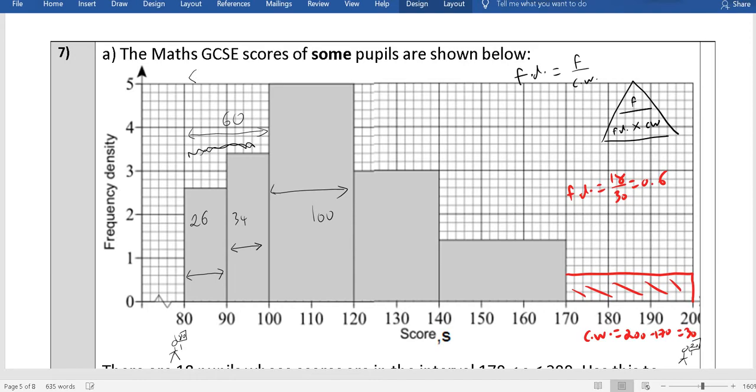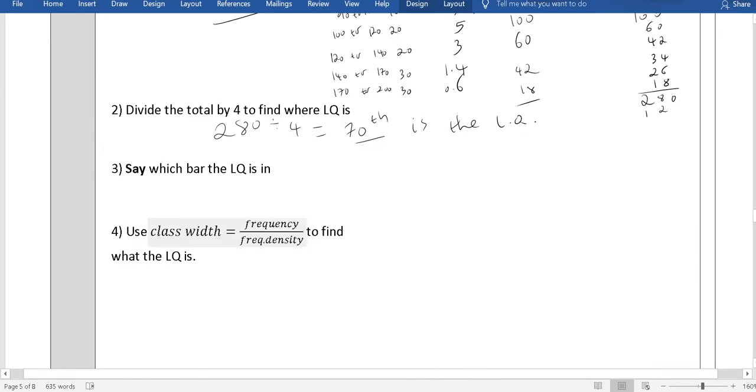Now between 80 and 120, adding up 26 plus 34, 60 plus 100, 160. There's 160 pupils from 80 to 120. And there's only 60 between 80 and 100. So I can say that the 70th must be somewhere in this 3rd bar, in this interval. So I'm actually going to state that.